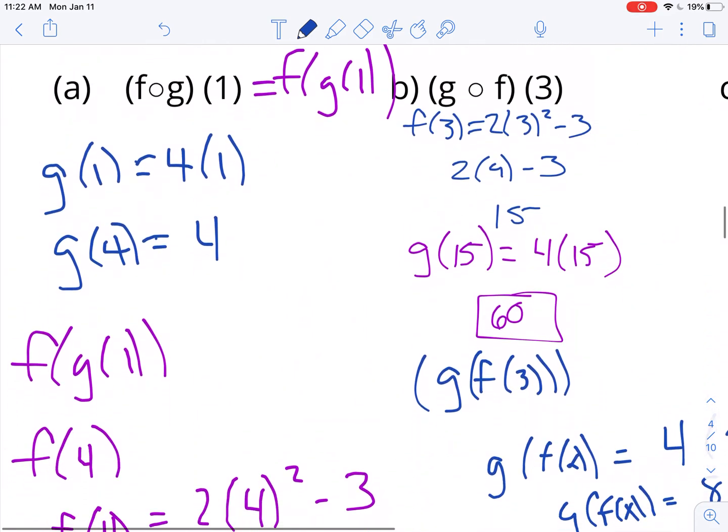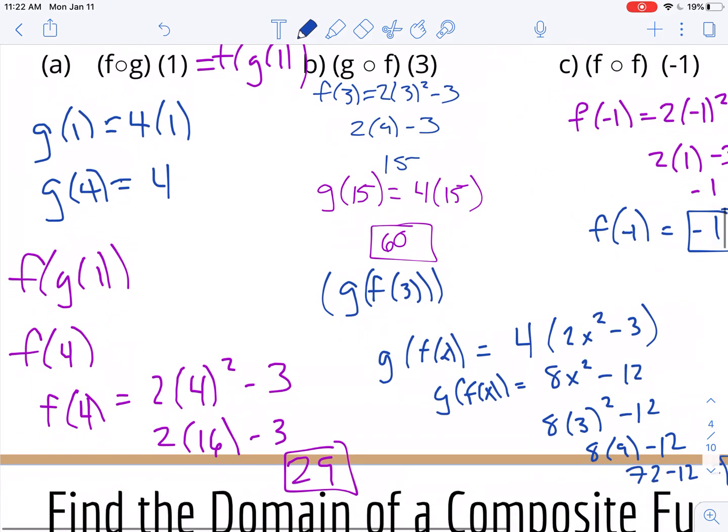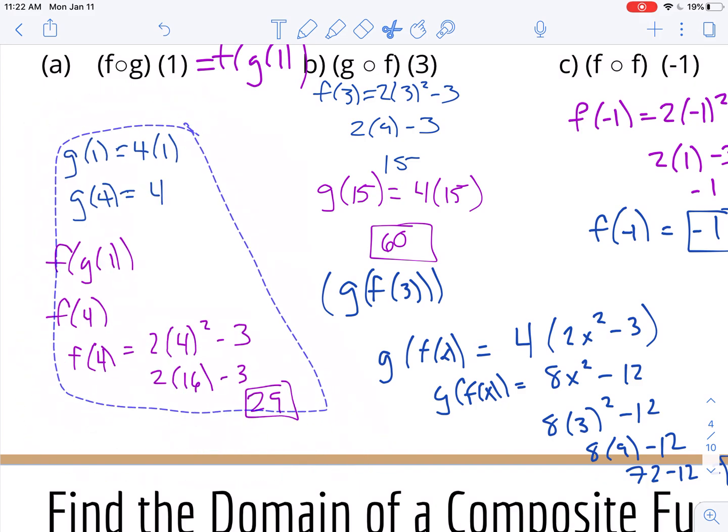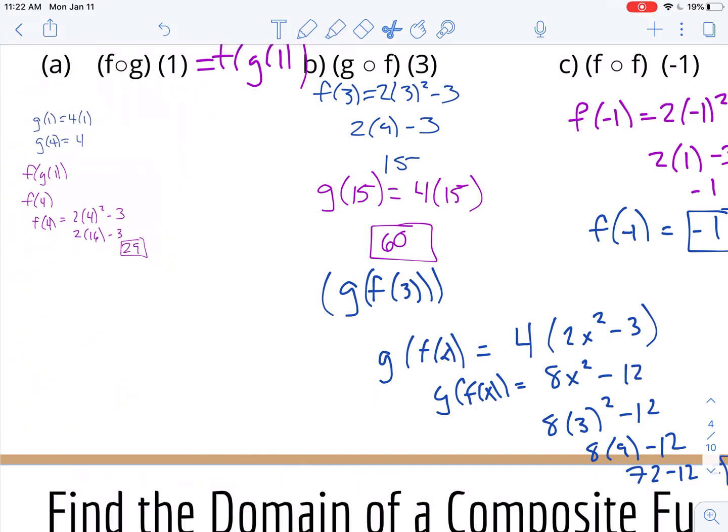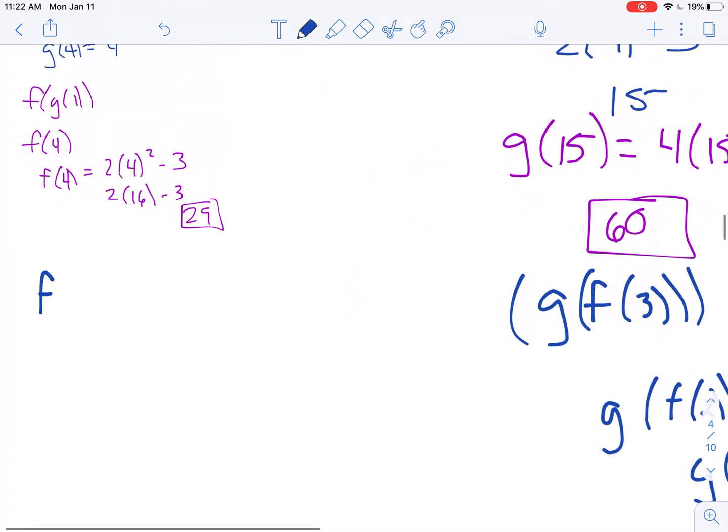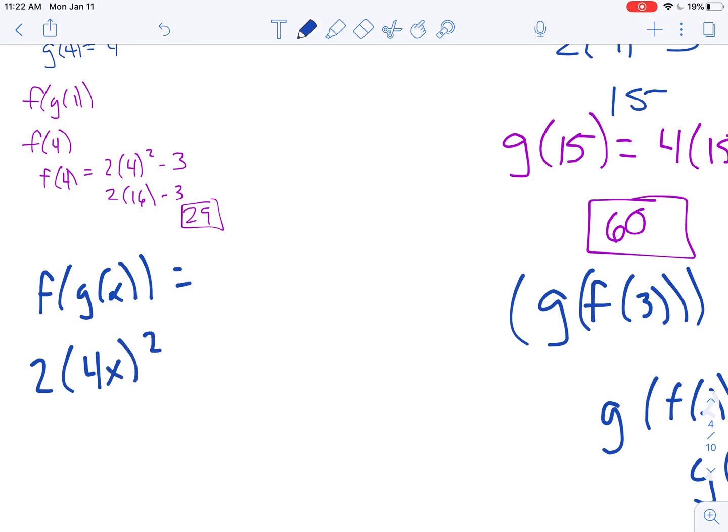So over here, we'll look at this first example, f of g of 1. We already know here that my answer is 29. And again, I could figure out first, this is the same thing as f of g of x. I could look at what my composition function is. So that would be 2 times 4x squared minus 3.